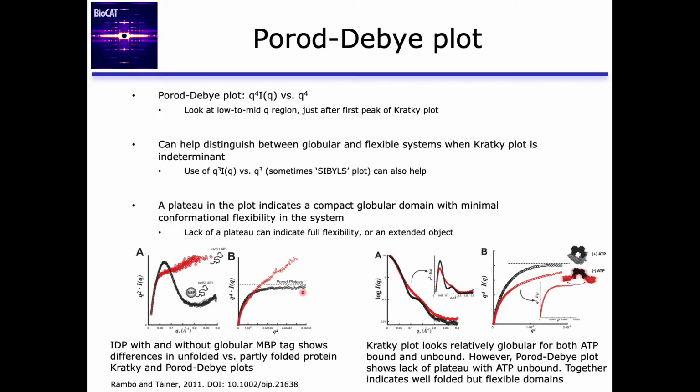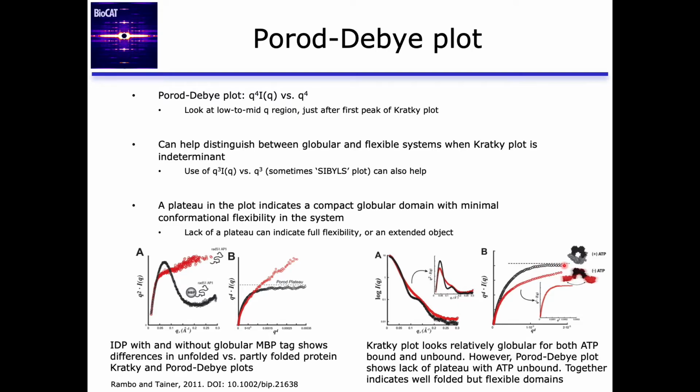This plateau here is indicative of some kind of compact globular system with minimal flexibility. In this case, it's fairly obvious even from the Kratky plots that they're very different, but there's a nice illustration here on the right where you're looking at Kratky plots in this inset here that are fairly similar. What they're looking at in particular is this protein with ATP bound and unbound. When it binds, on the Porod-Debye plot you see it comes up and there's a plateau.